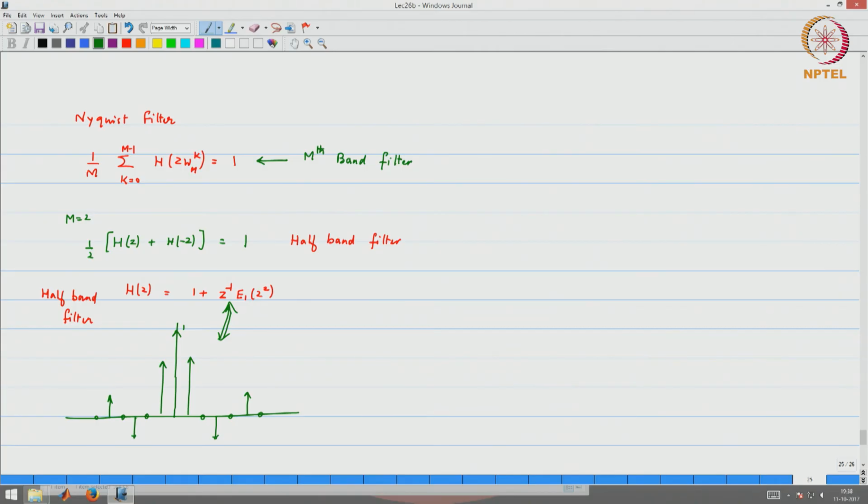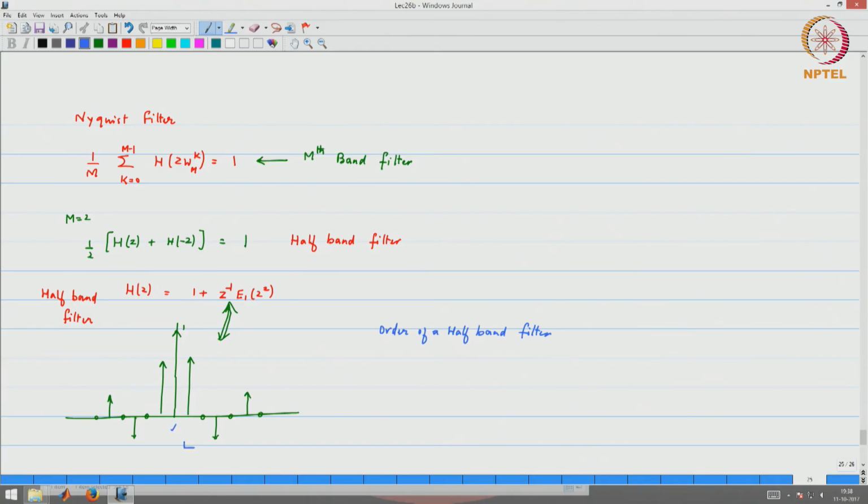Now, let me ask you a question, it may seem a little bit trivial. What can be the order of a half band filter? Again, it all hangs together. So, there is a 0 valued coefficient.